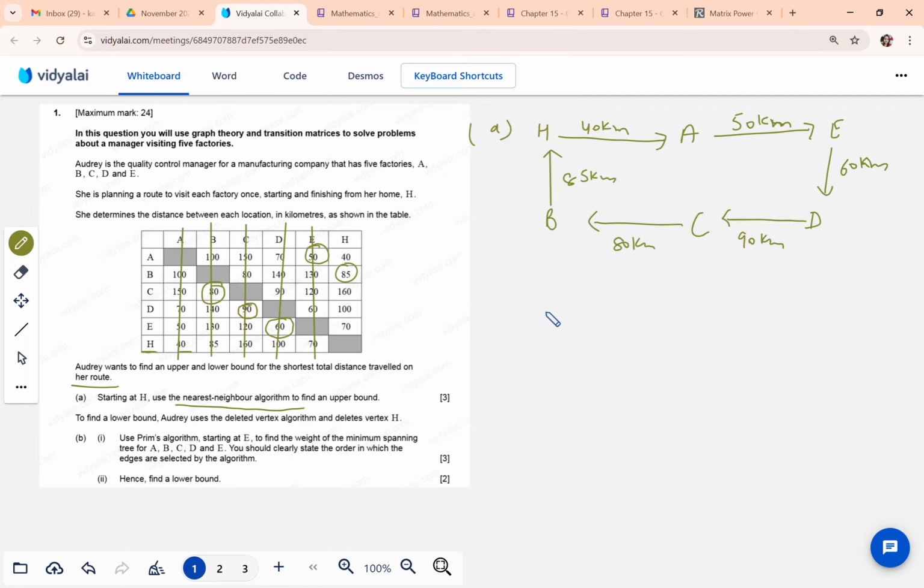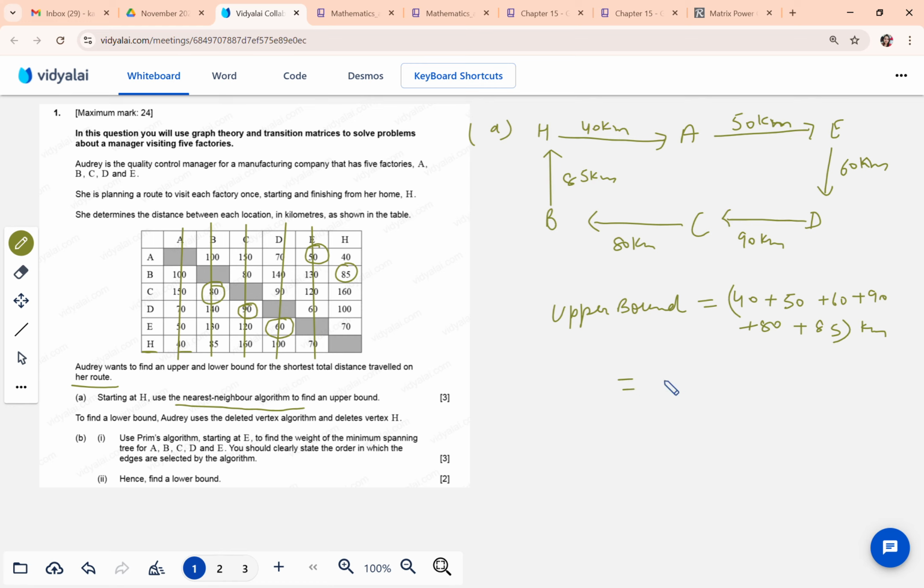So now our upper bound is, you just need to add all the distances that we have covered. So 40 plus 50 plus 60 plus 90 plus 80 plus 85 kilometers.